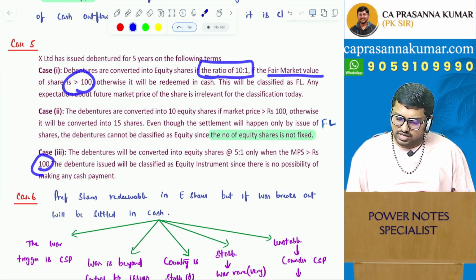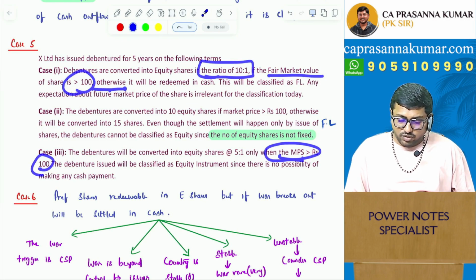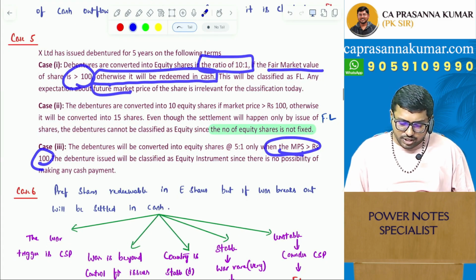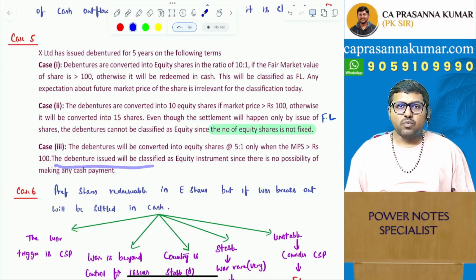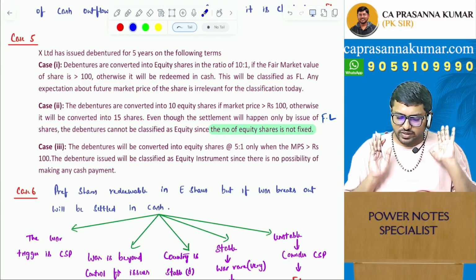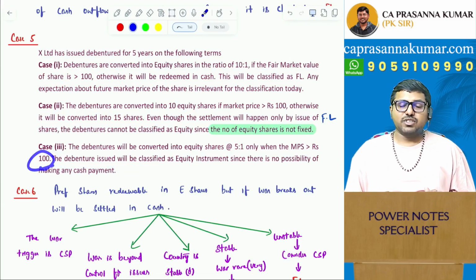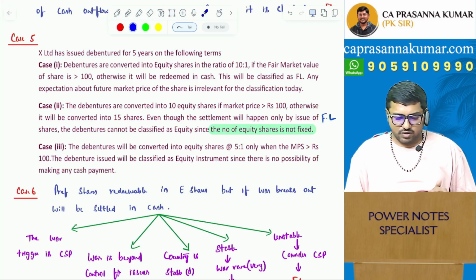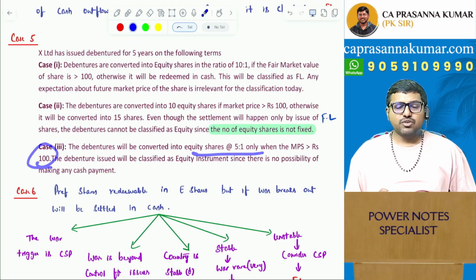Here also the same thing, market price of the share should be greater than 100. But here, if it does not happen, it will be redeemed in cash. Do you have that sort of sentence in case 3? No. Which means there is only one choice. You will wait till the market price of the share crosses 100. It may happen in the second year, third year, fourth year, fifth year. Once it touches 100, you will convert that into a fixed number of equity shares.